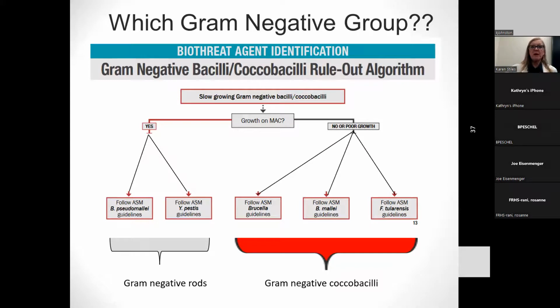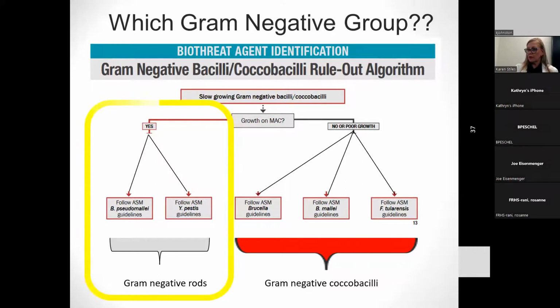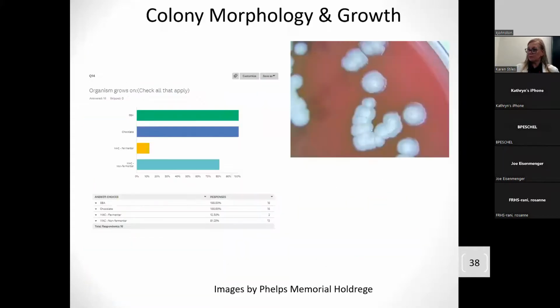And I think this is a better way to definitively decide which family you're in. So I think that works. So we'll talk about the fact that you did have growth on MacConkey for this unknown, and that puts you into the field of the gram negative rod, true rods.